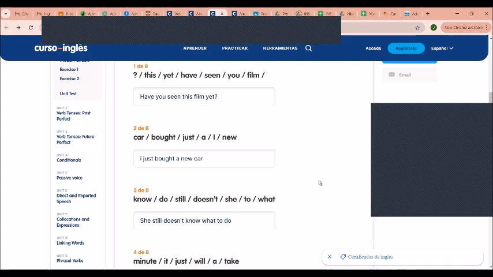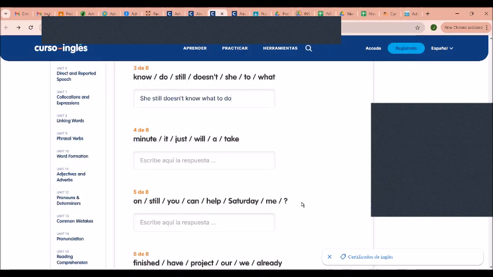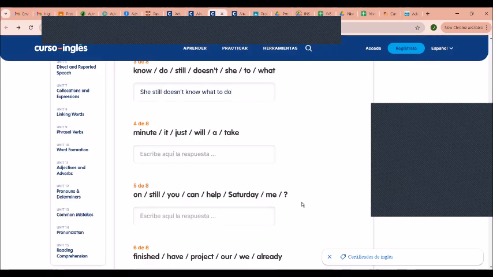Let's go with number 4. It just will take a minute. This is a question. What do we start questions with? I'm just kidding. It's the next one. It will just take a minute.